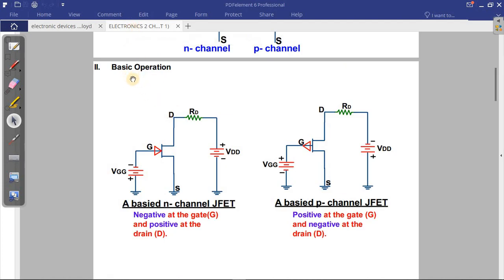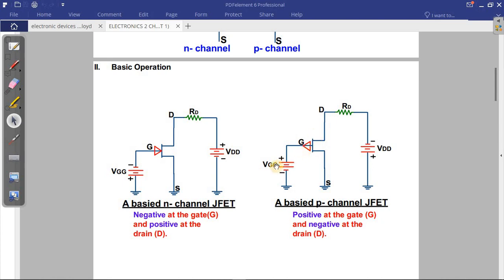So now we talk about basic operation. Because we talk about reverse bias, to bias an N channel JFET, we must have a negative voltage on the gate terminal and a positive voltage on the drain side.